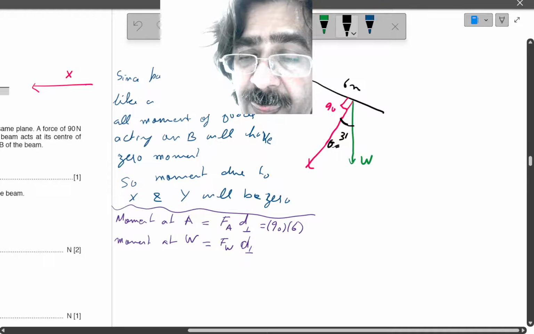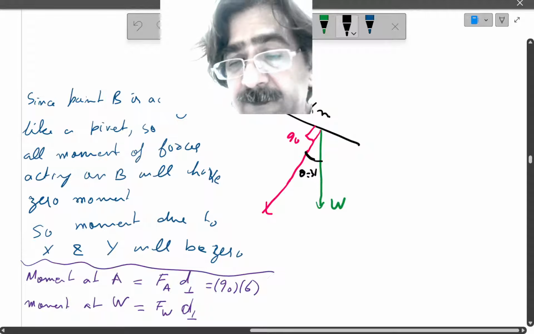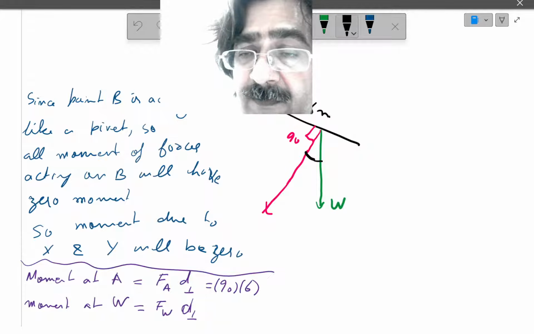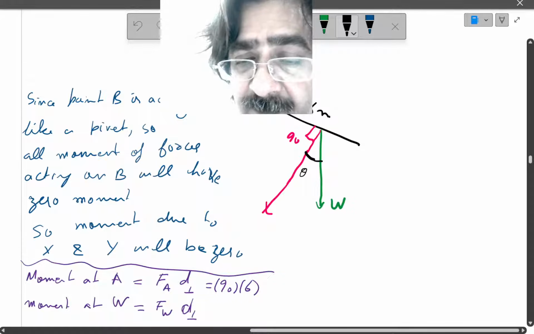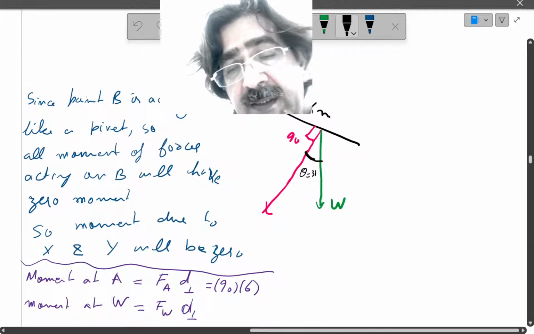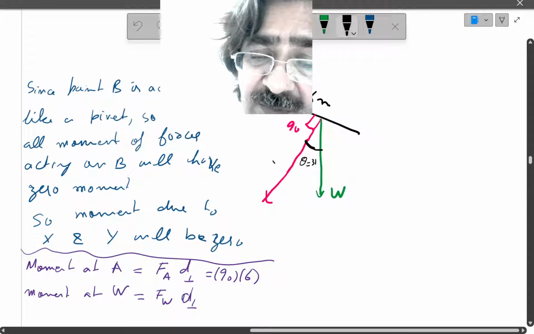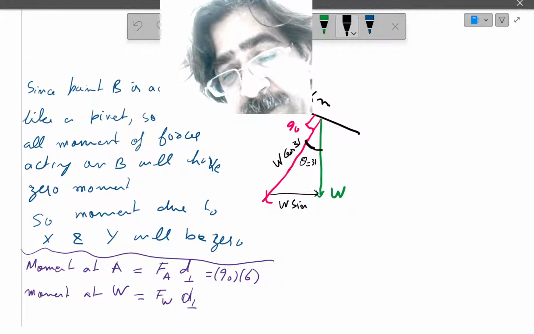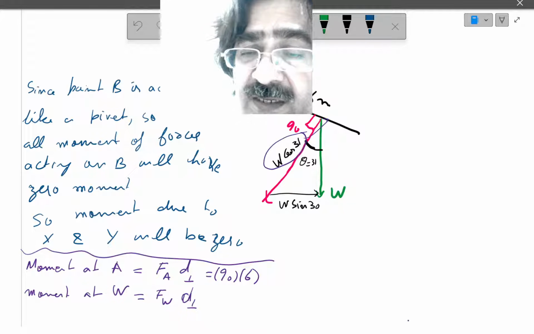Theta is equal to 31. As we know, the component along the angle will always be W cos 31, and the horizontal component will be W sin 31, but it will be perpendicular to this, making an angle of 90.